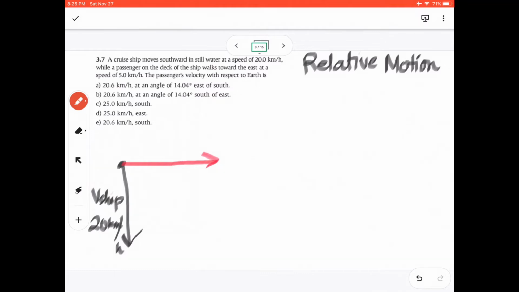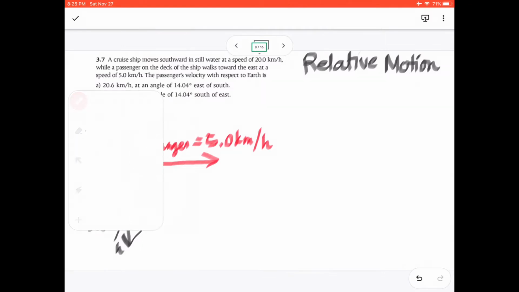V of the passenger is equal to 5.0 kilometers per hour. Now, we're going to calculate the passenger's velocity with respect to Earth.